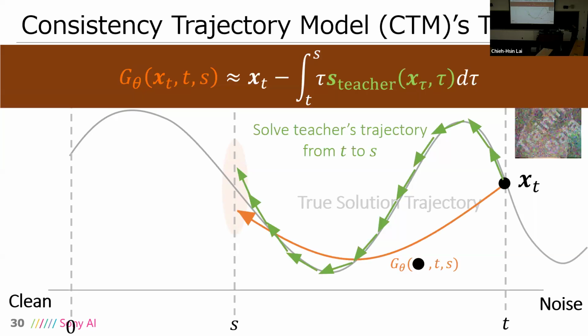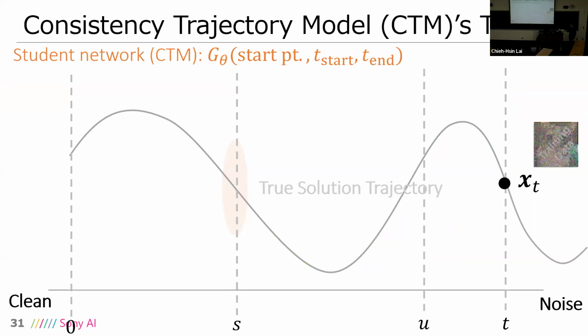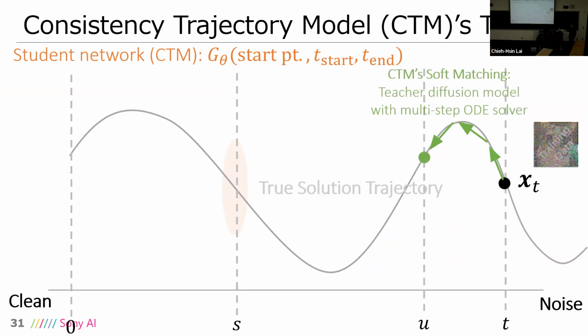However, because s and t are random, if s goes to the very end at 0, then you still need to call the solver till the very end. So we still have the expensive problem. How we mitigate this is, instead of solving until the very end s point, we randomly stop at u. And for the u to t interval, that is where we call the solver.